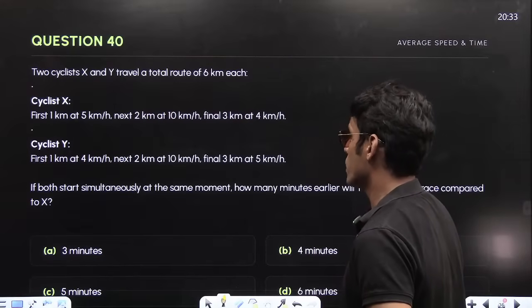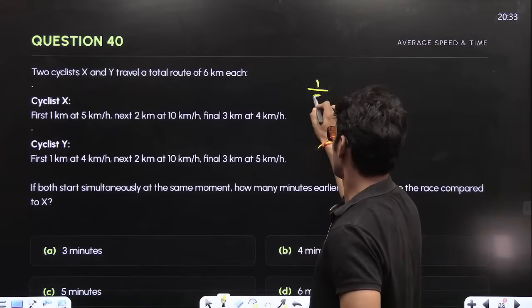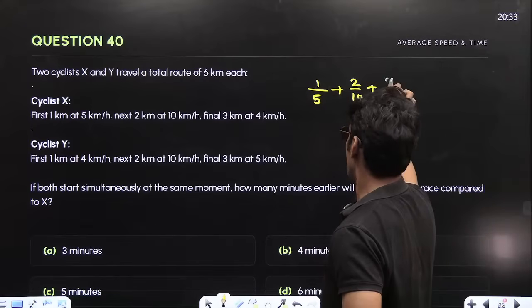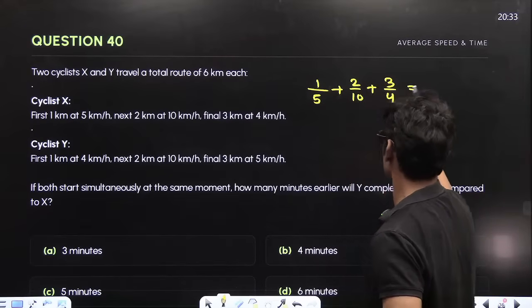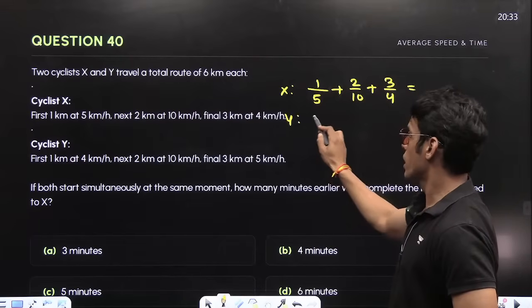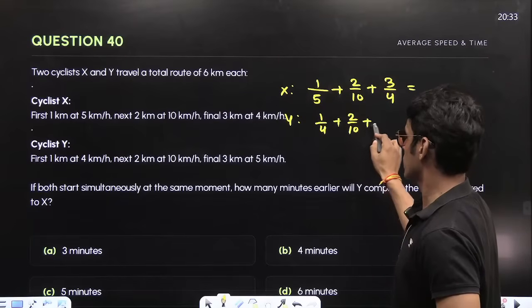First 1 kilometer at 5 km per hour, right? Next 2 at 10 and final 3 at 4, right? This is the total time taken by cyclist X. Cyclist Y took this much time. Same logic, right?